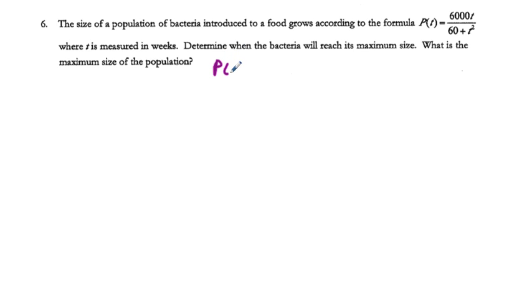I'm going to write this as P of t equals 6,000 t, and instead of using the quotient rule, I'm going to multiply by 60 plus t squared, and since we've brought this 60 plus t squared out of the denominator, we're going to make this to the -1 power. So this is kind of a little trick to change a quotient rule problem into a product rule, which I think is usually easier for me to do.